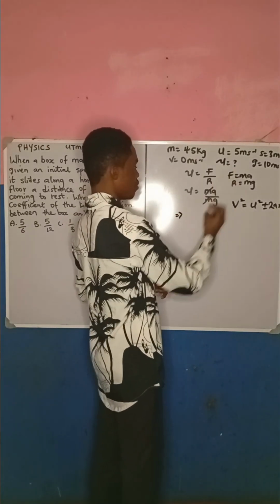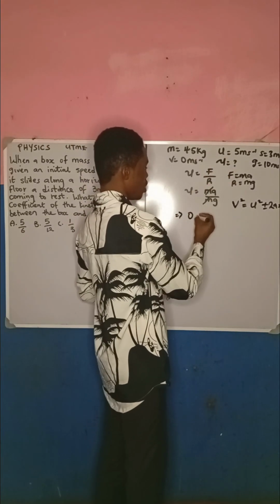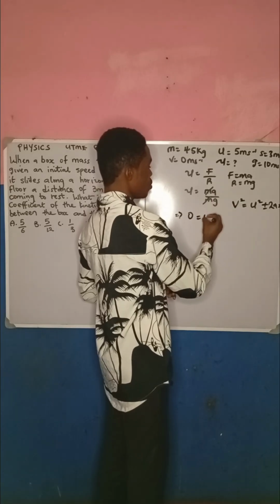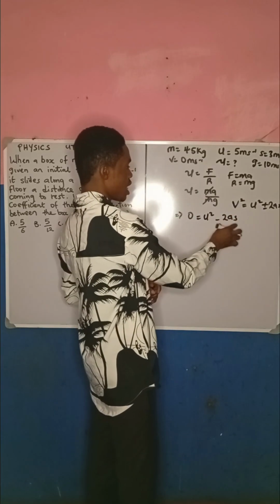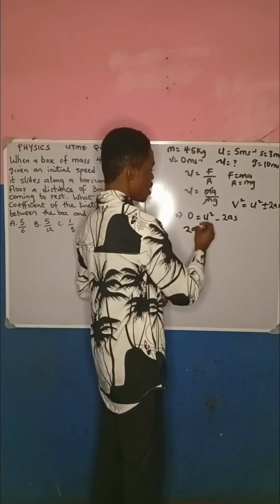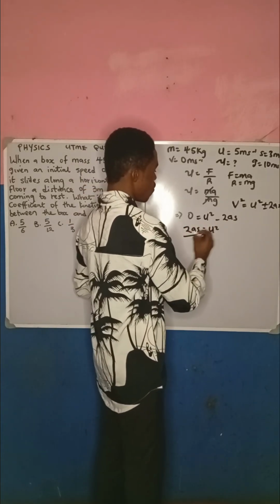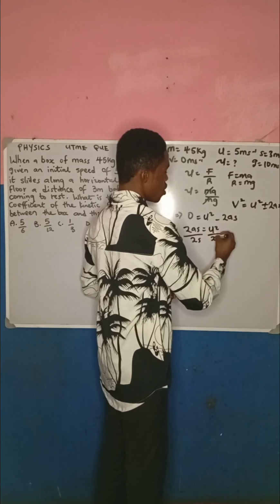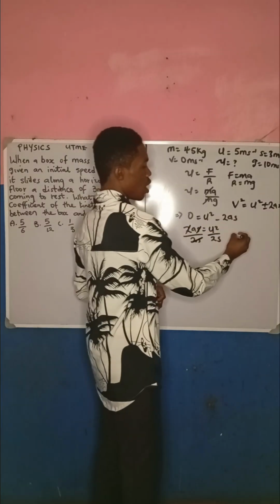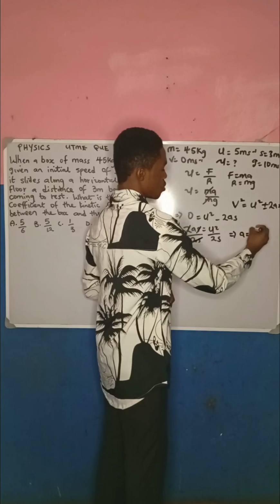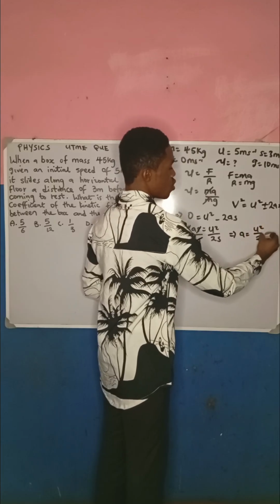Now, we have 0 equals U squared minus 2AS. Collecting like terms, we have 2AS equal to U squared, over 2S over 2S. This cancels this. Now we have gotten our a. Our a equals U squared over 2S.